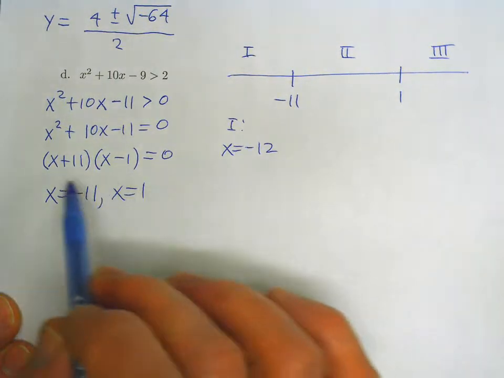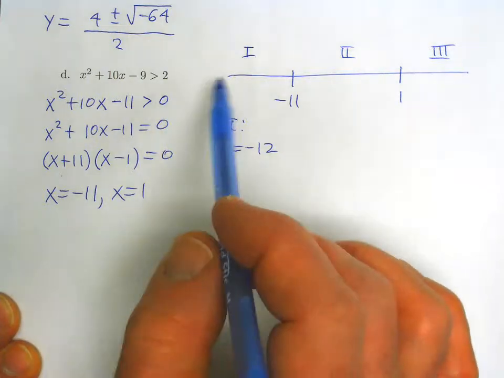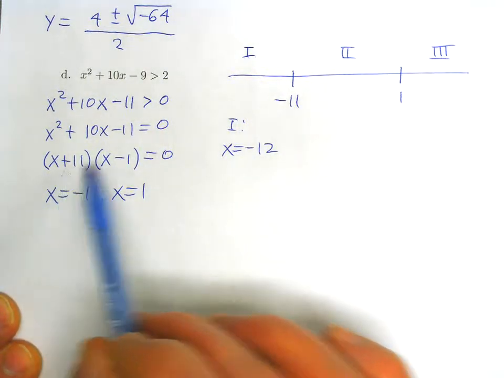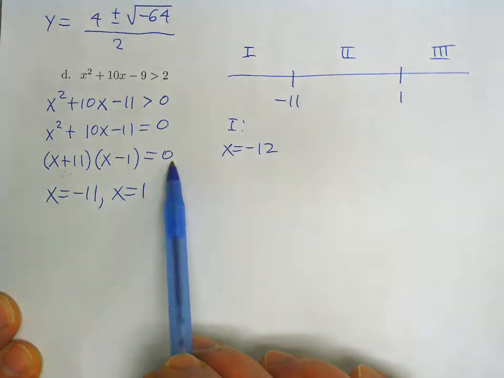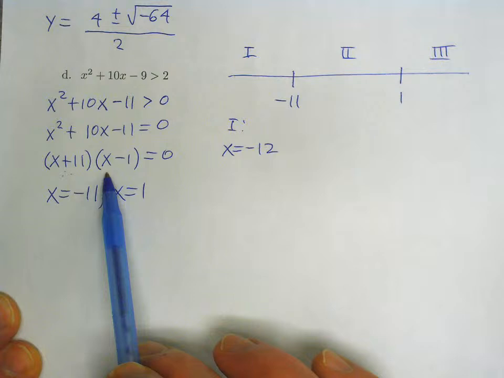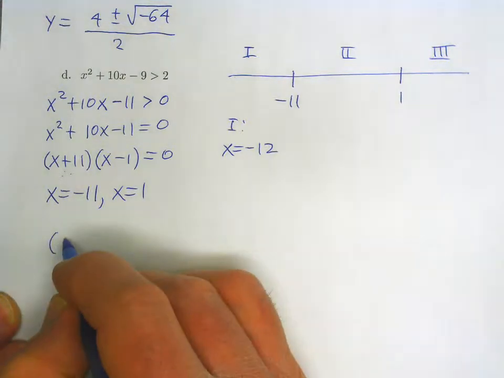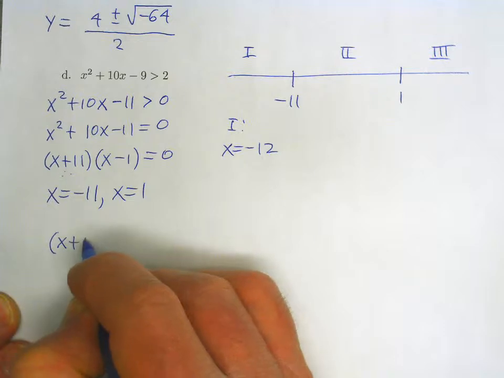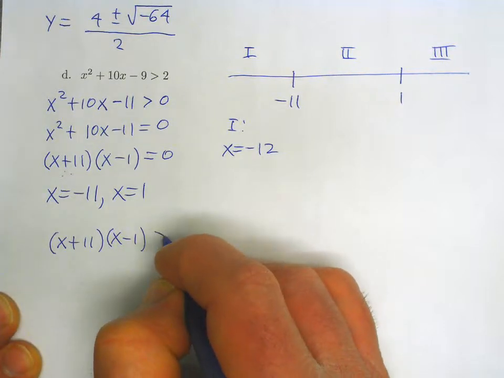Okay, on this one, I'll show you an alternative. You don't have to do it this way, but we can write the inequality where the left-hand side is in factored form. So in other words, x plus 11 times x minus 1, and the inequality is greater than 0.